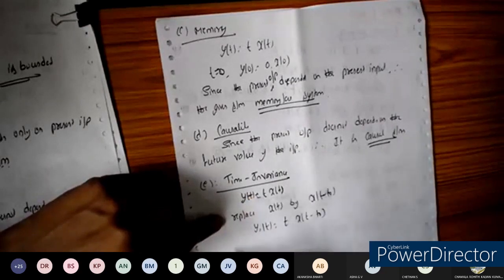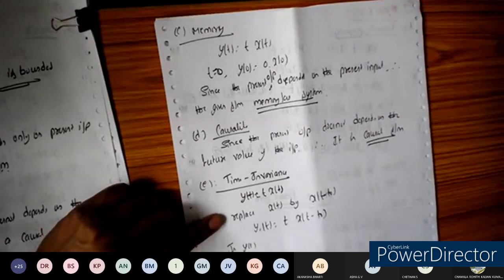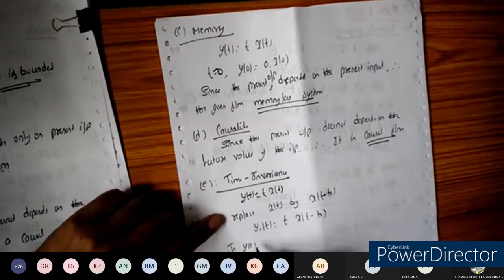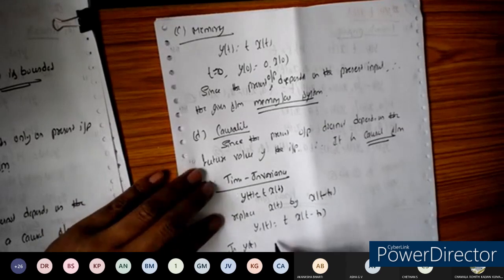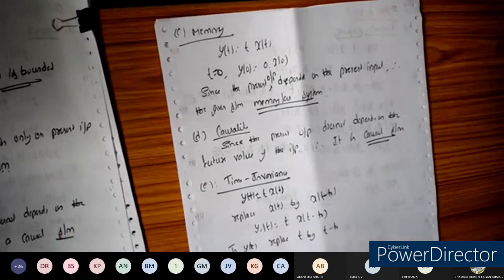Now in y of t, what shall we do? In y of t, replace t by t minus t naught here.